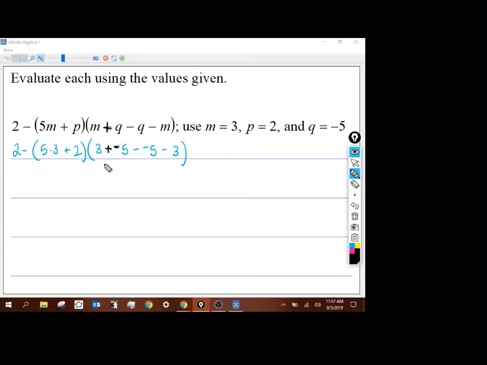So subtraction is all it is, adding the opposite. If we think about things, all of our math works all the way back to addition. All four of our operations go back to addition to some degree. So this turns into subtraction. This turns into what? Addition.